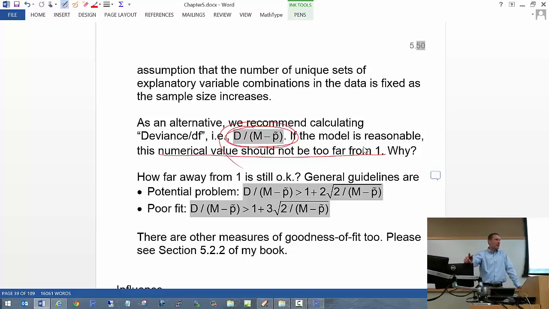Yeah, so the expected value of a chi-square random variable is the degrees of freedom, right? So if I were to take the expected value of deviance divided by m minus p, and if this approximation works, I will get 1. Well, I guess that would be equality if the approximation works.